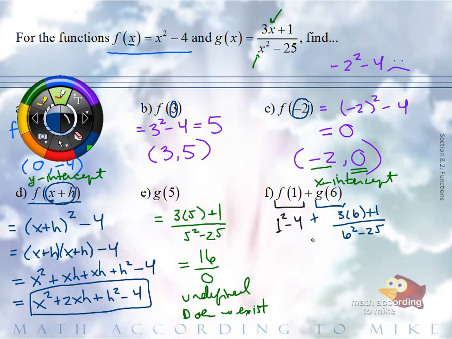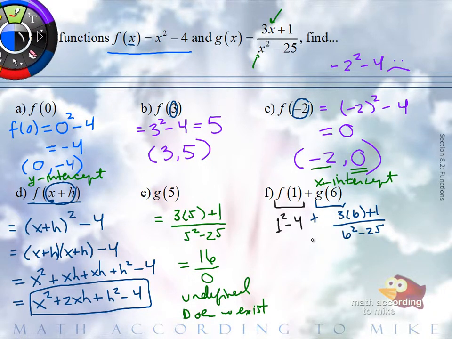Oh, I should have used different colors, that's okay. So f of 1 cleans up to be what, negative 3? Plus, I don't know, 19 over 11. Oh, we need a common denominator here.